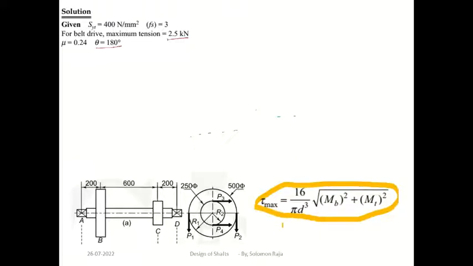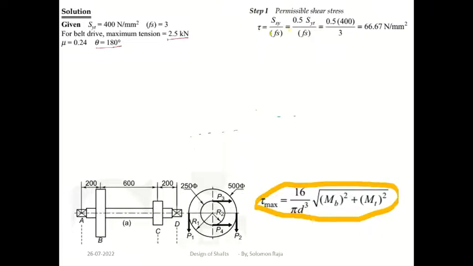Tau max equals 16 by pi d cube times square root of Mb square plus Mt square. In this formula we have to find the d cube value. Tau max value they didn't give, Mb value they didn't give, Mt value they didn't give. We are going to find these values. First let us find the tau max value.